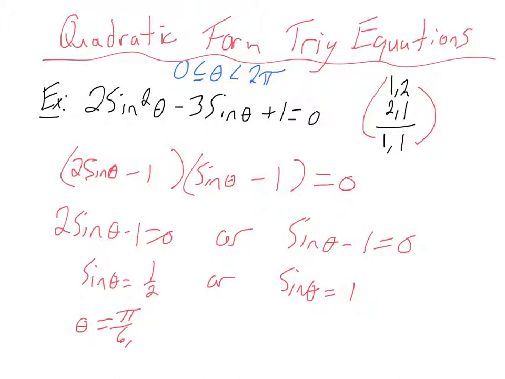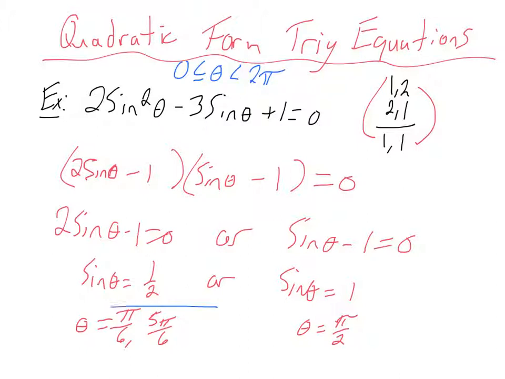So what's the reference angle of pi over 6 in the second quadrant? 5 pi over 6. And then over here, where is sine equal to positive 1? That's an easy one. 90 degrees, pi over 2. So my solutions are pi over 6, 5 pi over 6, and pi over 2.